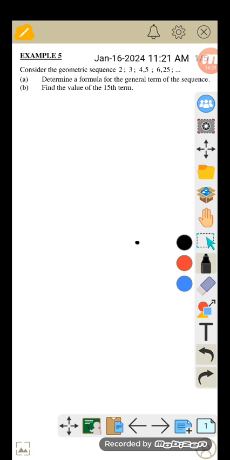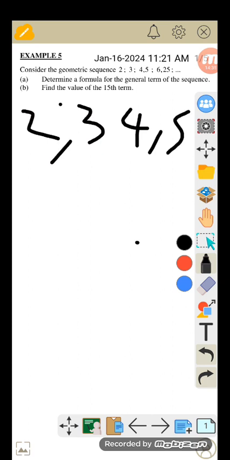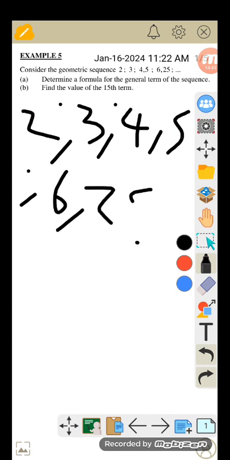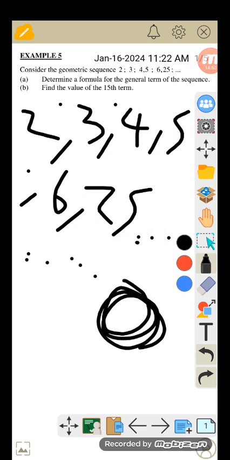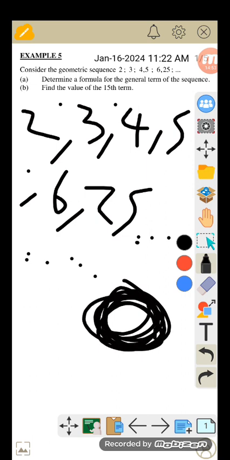Let me make an example before I start with number B. We have our first term, our second term, our third term, our fourth term, and we continue. There's term number 15 that we do not know about. We cannot find the 15th term if we do not have the formula. In order to find the 50th term, we must have the formula.